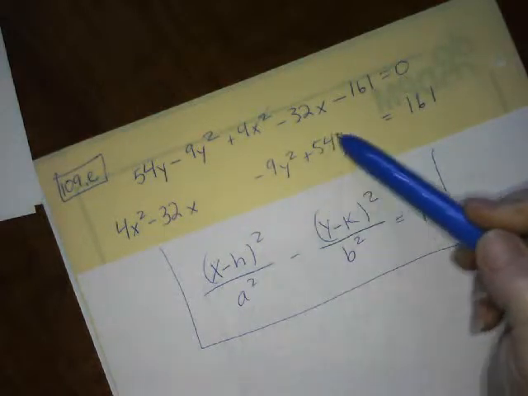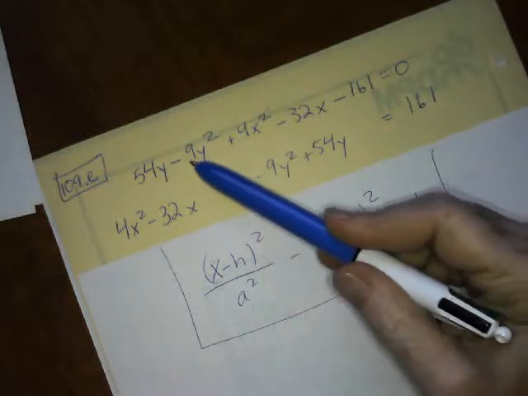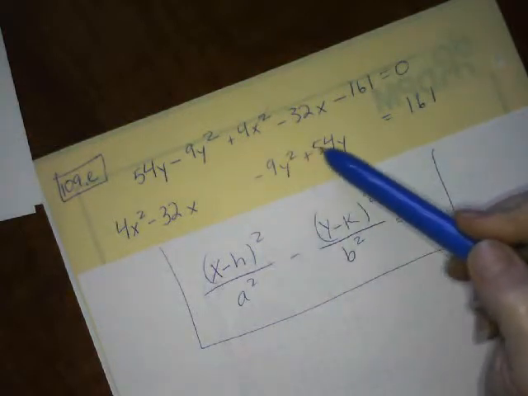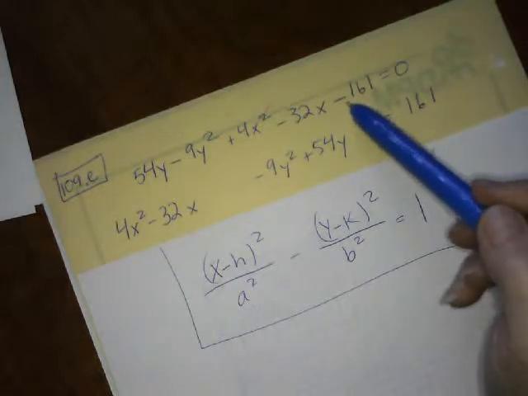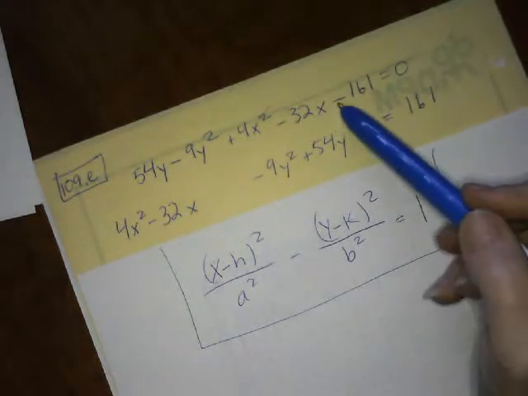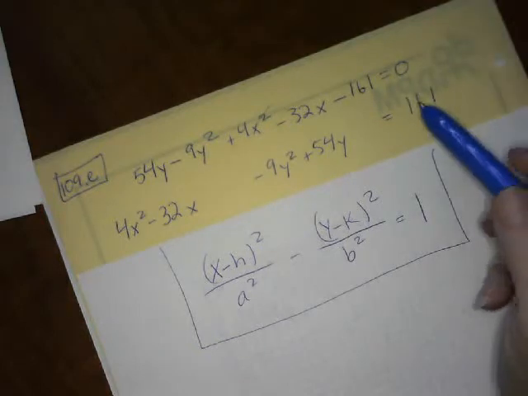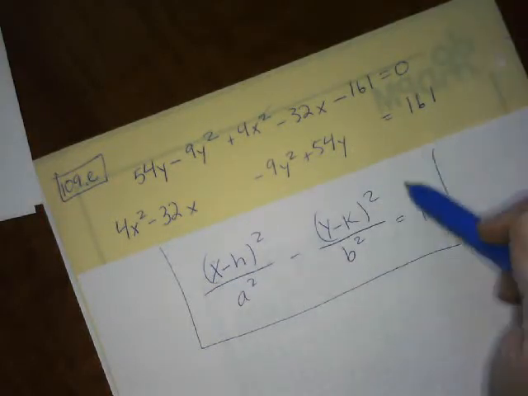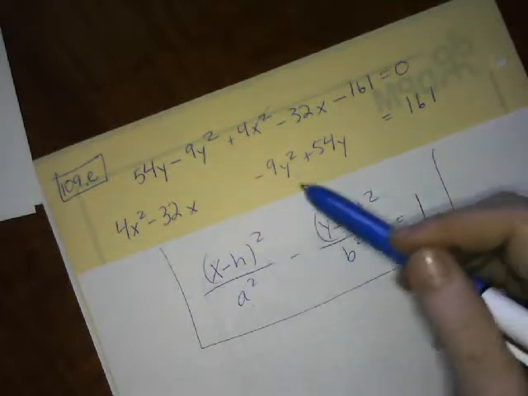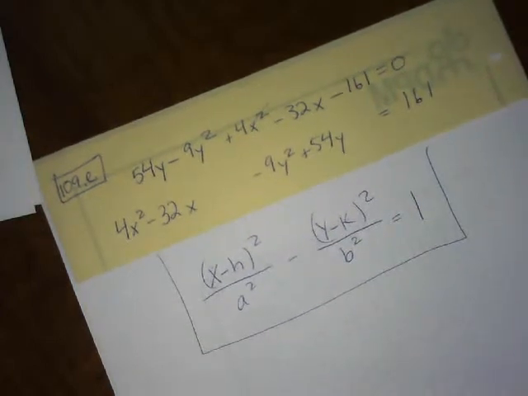And then I got the y's together, like negative 9y and 54. And then I brought this over to the other side. I added 161. And eventually I'm going to divide everything by 161, and we're going to have a 1 over here. But I need to finish completing my square first.